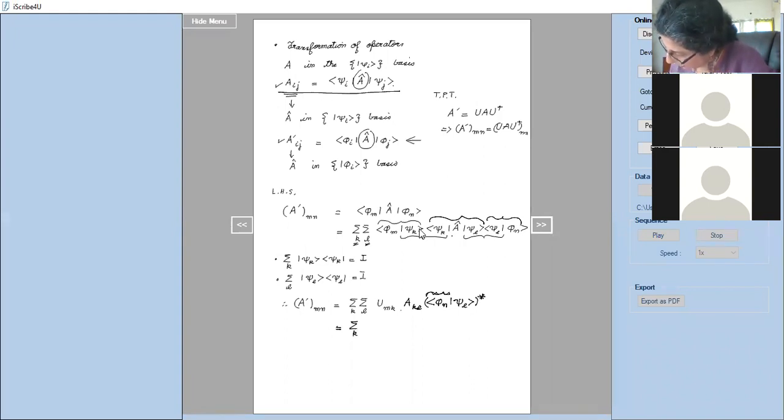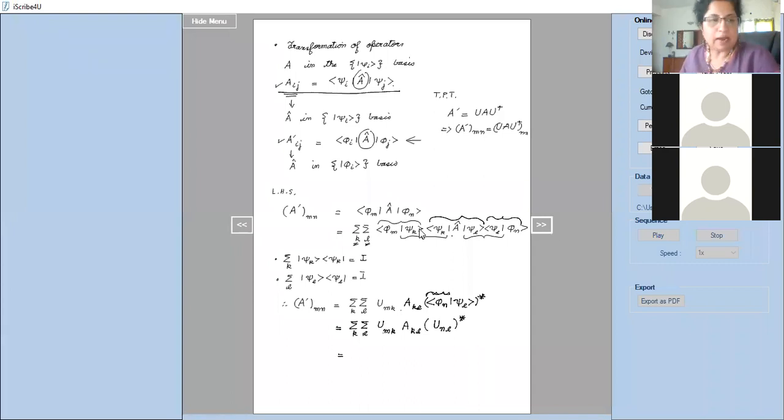Summation over K, summation over L, U M K, A K L, and this is going to be nothing but U N L star.